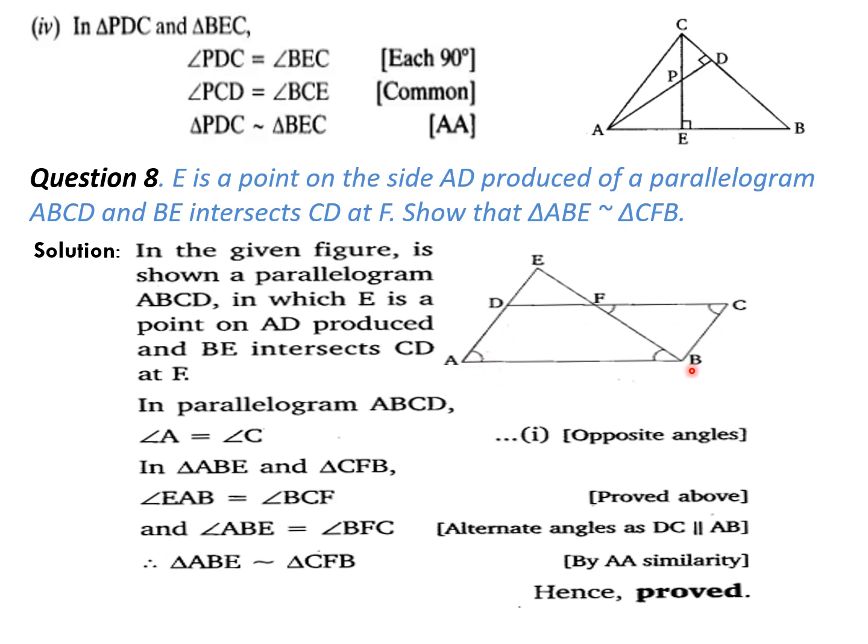And again, we know that AB is parallel to CD because opposite sides of a parallelogram are parallel to each other, and we can consider BE as a transversal.